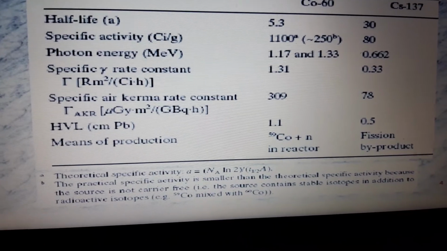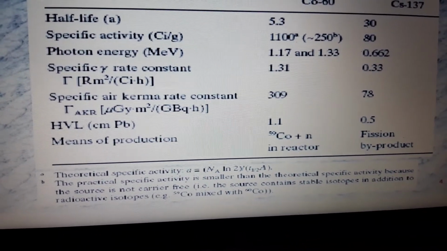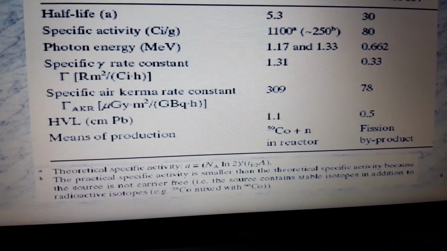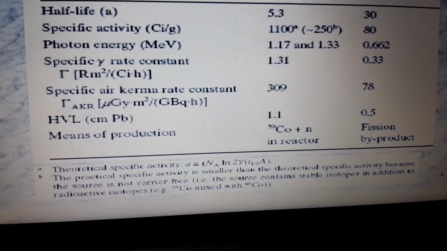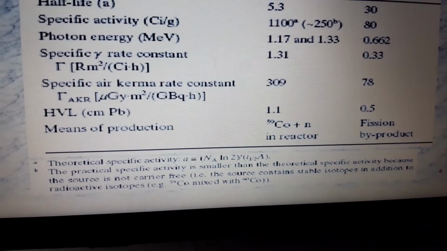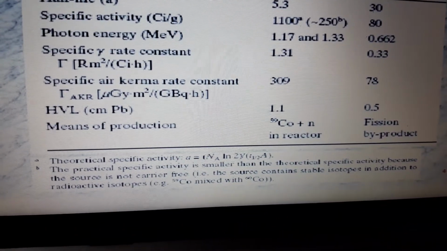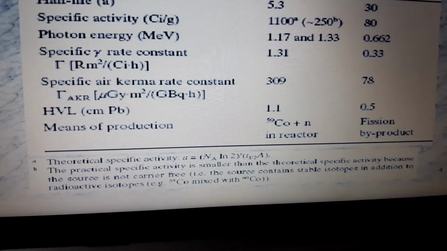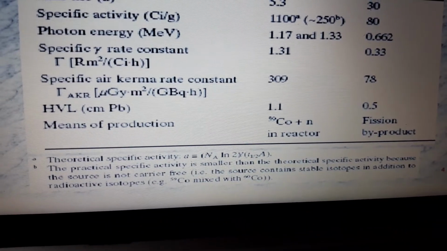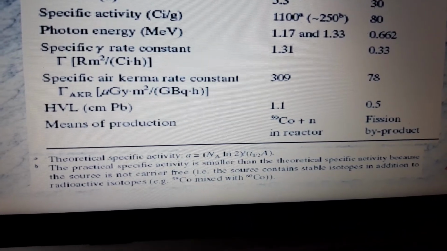Half life: cobalt 60, 5.3 years, and cesium, 30 years. Specific activity, curie per gram: 1100 for cobalt 60, but cesium 80 only. Photon energy in MeV: 1.17 and 1.33, average energy 1.25.